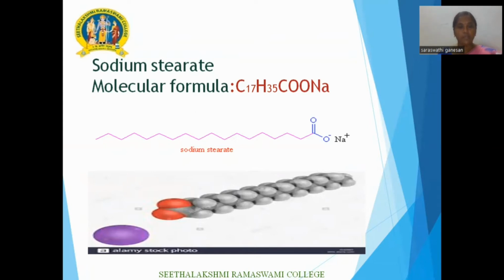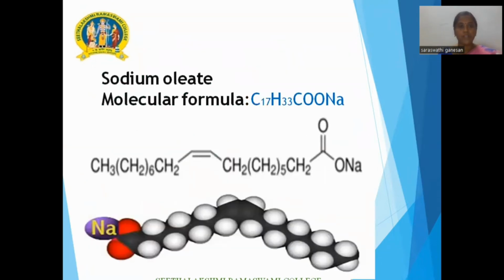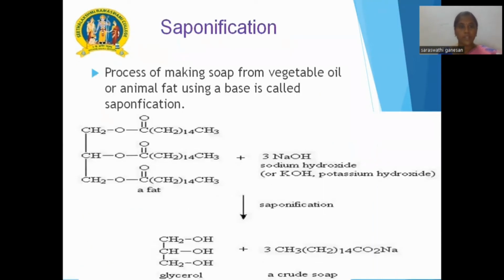They have the molecular formula C17H35COONa. This is the structure of sodium oleate, which has unsaturation in the hydrocarbon chain with the molecular formula C17H33COONa.